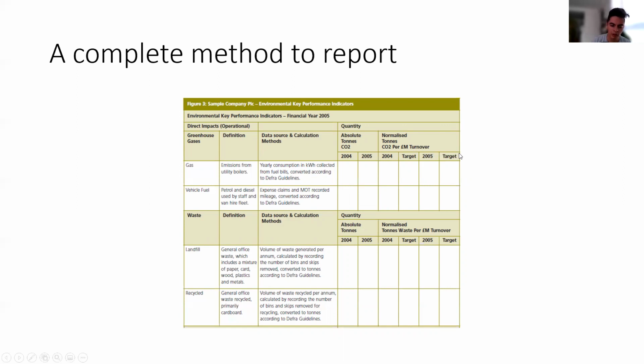But because it's not mandatory, it's not that you will always find it. But as you can see here, you have the indicators that are relevant, like for example, this one, emissions from unit boilers. So this is about a firm that would need some heating for producing whatever they are doing, and then they have here the numbers, and they have two ways to measure it, and they also have the target, so you can take a look at what you are doing.